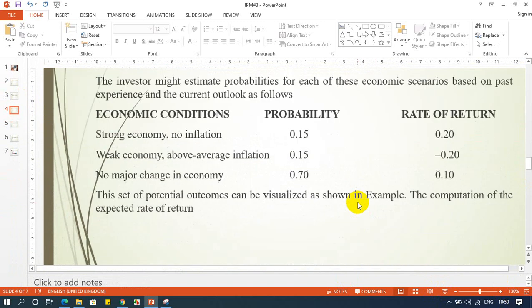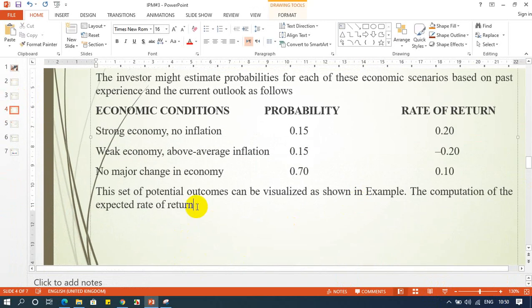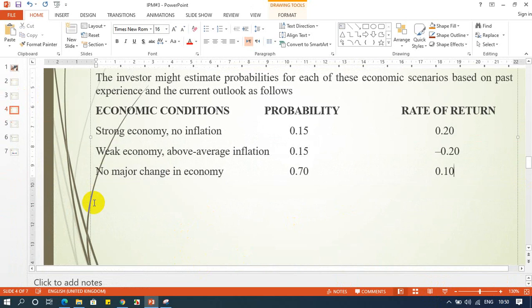I'm clearing this area to write the formula. First, the formula for the expected return. What is the formula we discussed in the last session? Expected return is equal to probability multiplied by the rate of return.